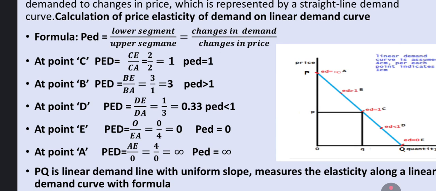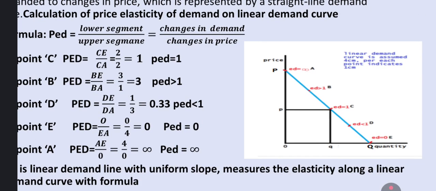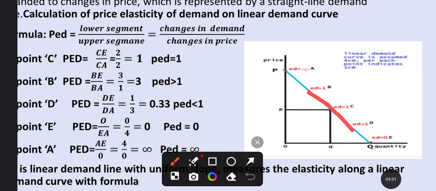Then point B: lower segment 3 centimeters, upper segment 1. 3 divided by 1 is 3.